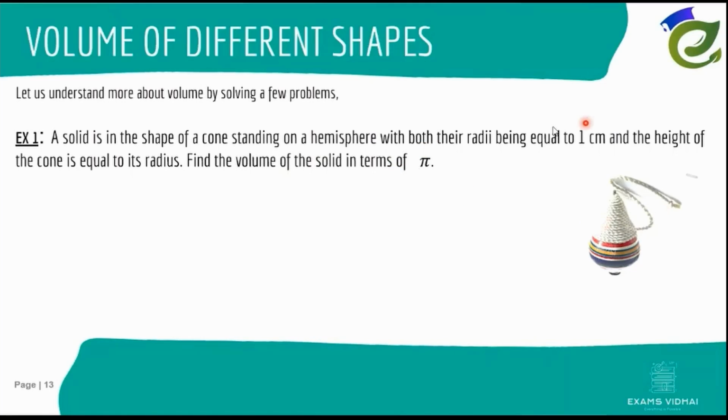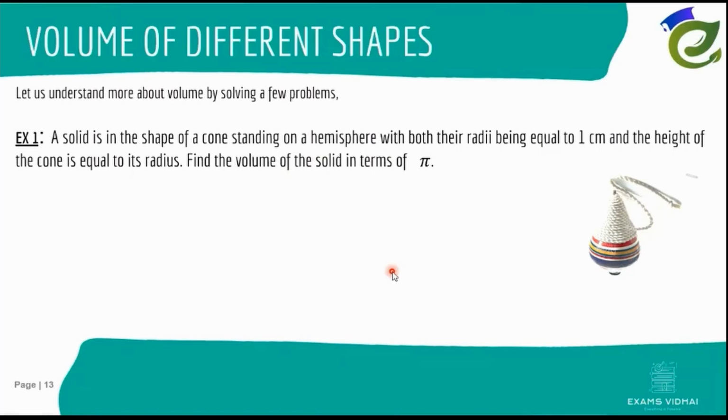So let us understand the solid over here. The solid given to us is a combination of a cone and a hemisphere. So the total volume of the solid will be the volume of the cone plus the volume of the hemisphere.